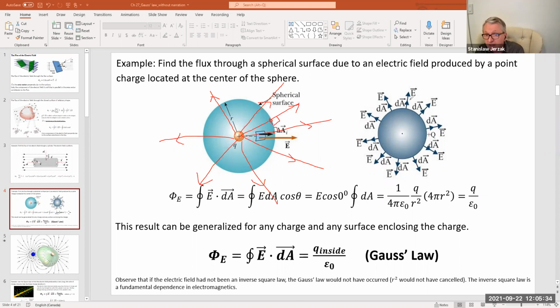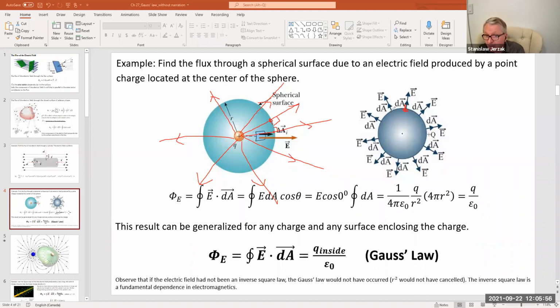So no matter what little area of that spherical surface I take, the area vector dA, which by definition points to the outside of the surface, will be parallel to the electric field produced by that charge.